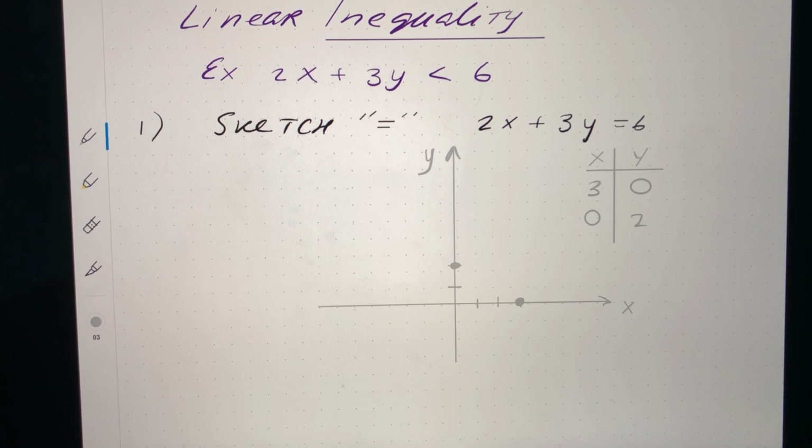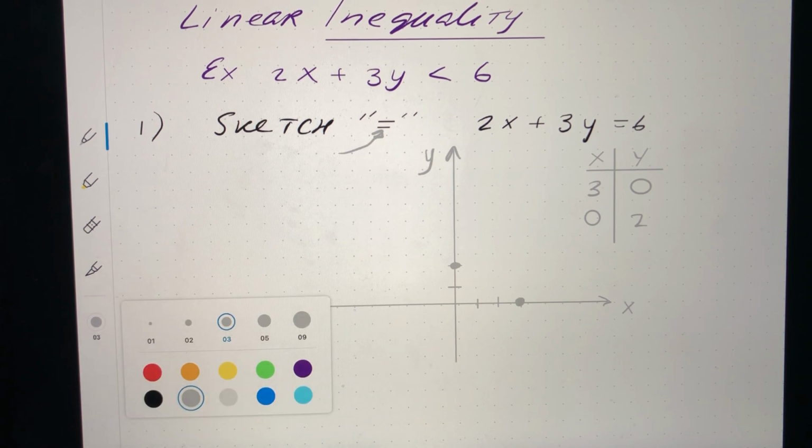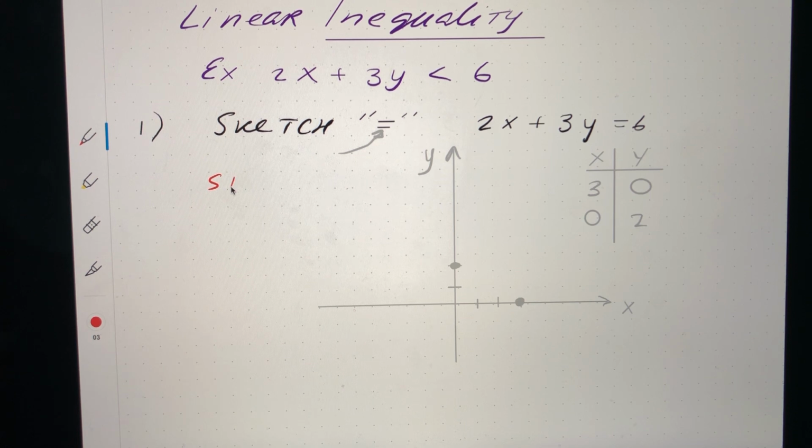Now, when we had equal sign in all of our previous examples, we would simply draw a straight line. But with inequalities, we have 2 choices. We can either make straight line, and here straight line, so we connect the dots with solid line, if we have equal sign.